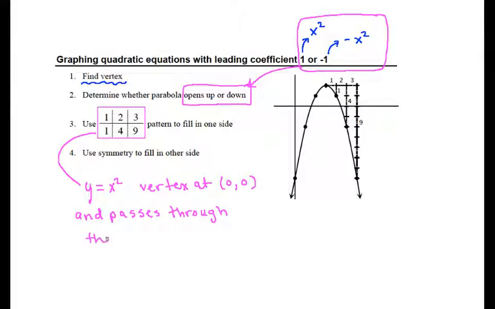These are easy to remember because it's just 1, 2, 3 for the x values, and then it's the first 3 perfect squares for the y values. Right? 1 squared is 1, 2 squared is 4, 3 squared is 9.